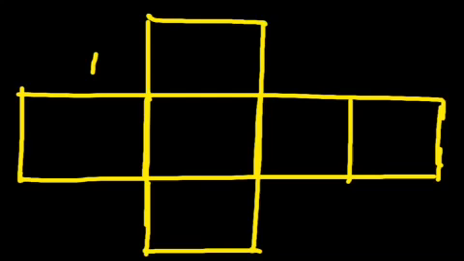And this is the basic net of a cube. Now, it's not really a cube, it's like a rectangle, but that's the basic net of a cube. If you were to print this out and fold it up, you wouldn't make a cube. But you can print some online and just play around with those and fold them up and glue the edges together and have some fun with that.